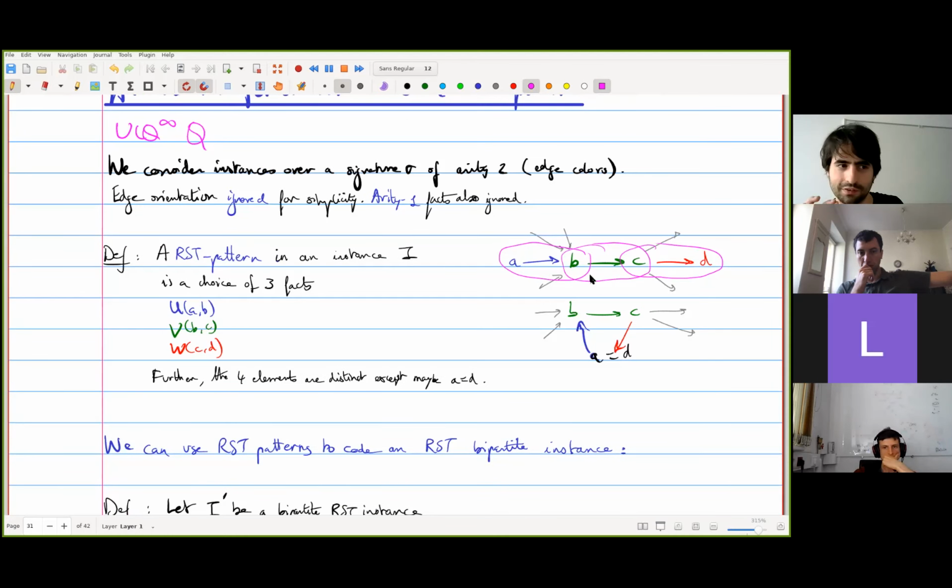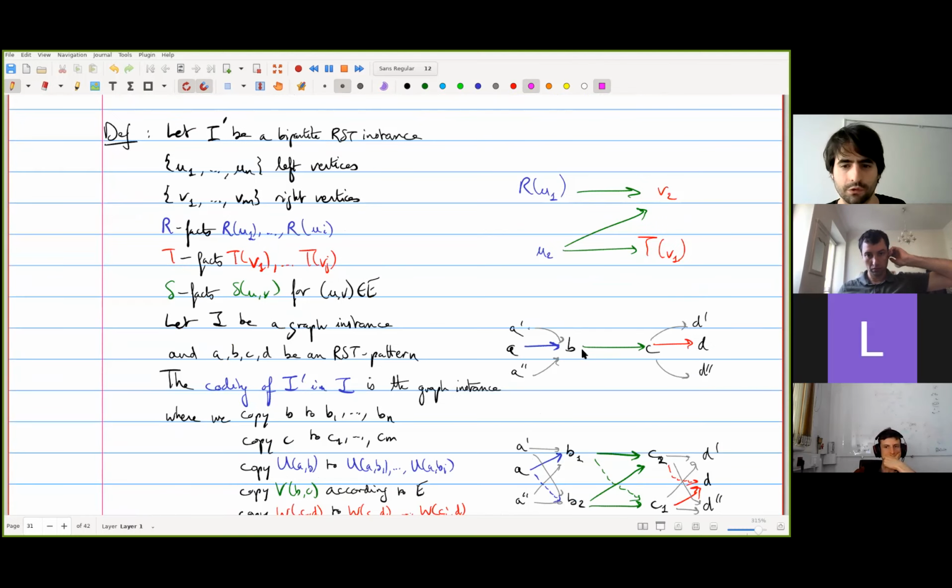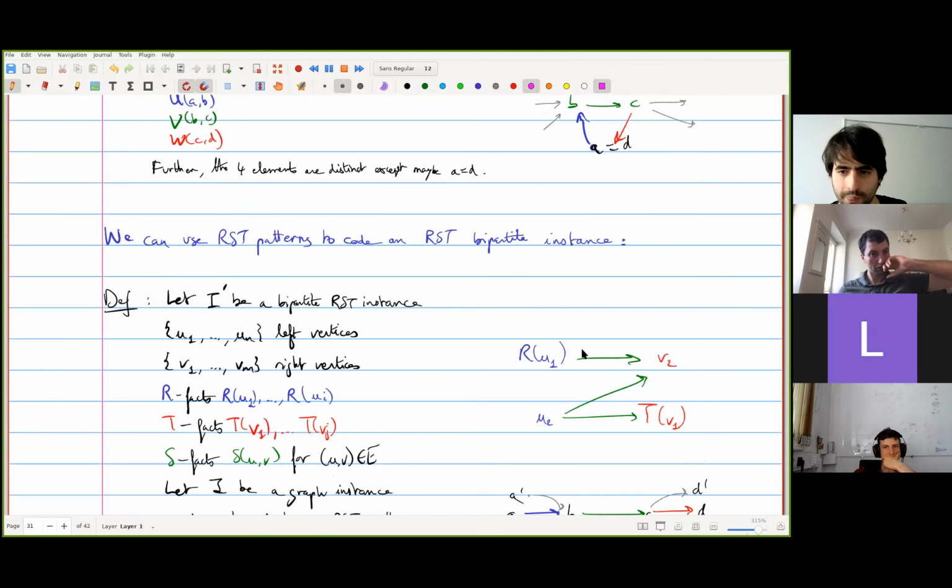But before I do this, let me state that if I have an instance and 3 facts like this, I can code a bipartite instance into an instance with this choice of 3 facts by basically copying these facts in some way. So this is how we do it.